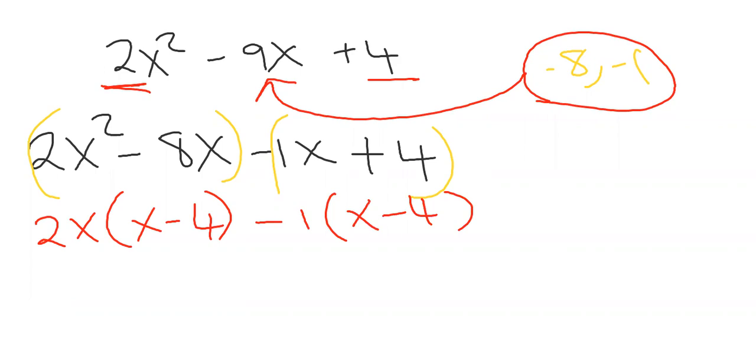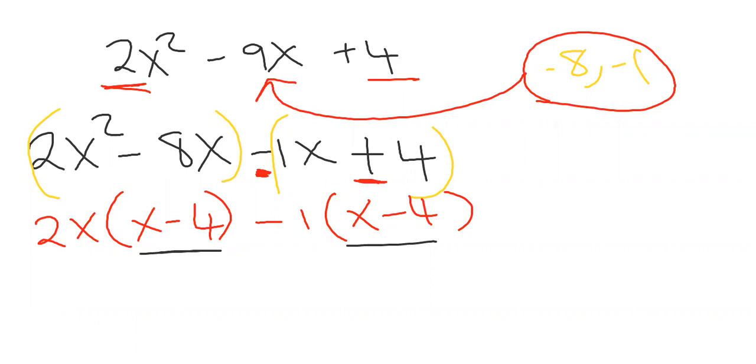Then remember what I said here. A minus sign outside the brackets changes the sign inside the bracket. So that is why we have a minus there. We no longer have a plus, because the minus sign outside the bracket changed the sign inside the brackets, which now becomes that minus. Then the next thing, check what is inside your bracket. Check if it's the same.